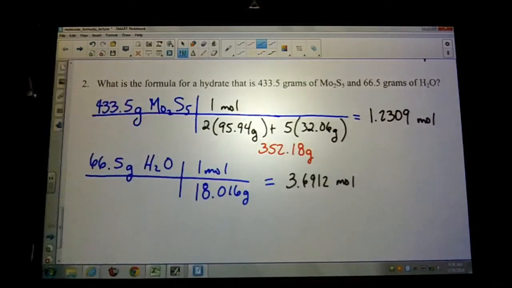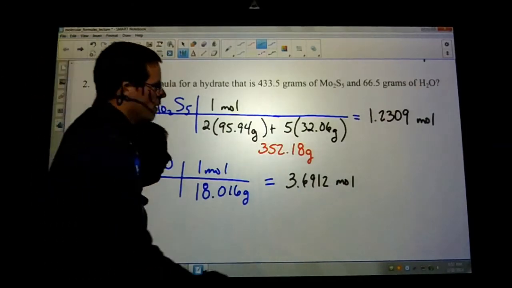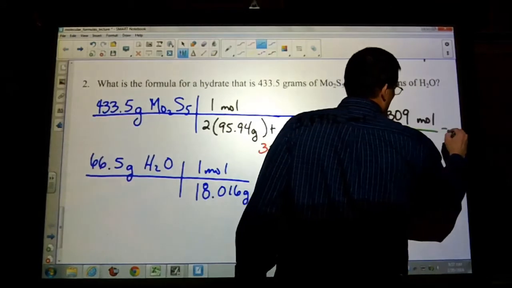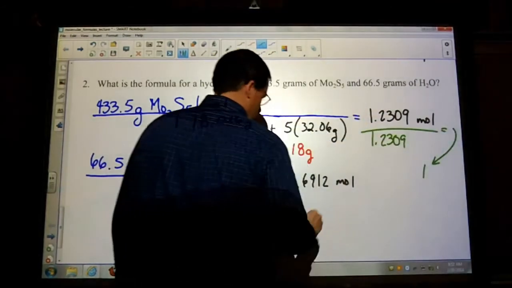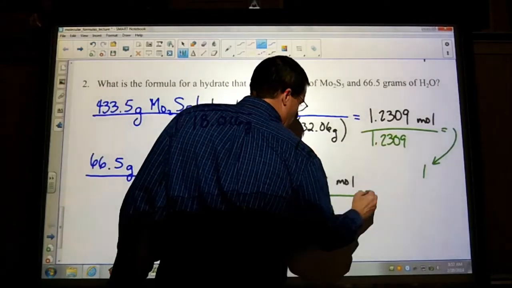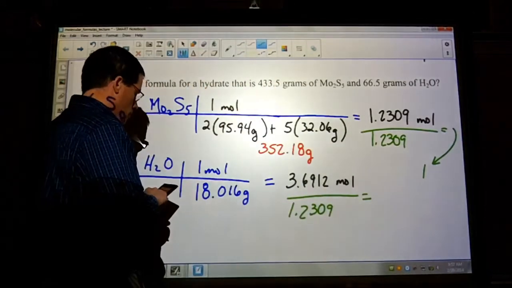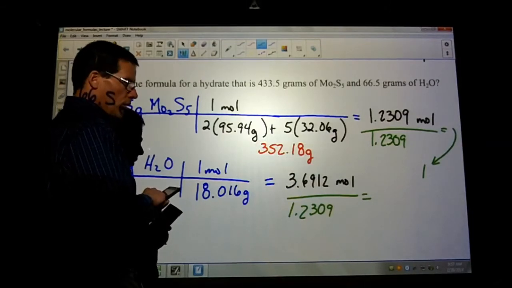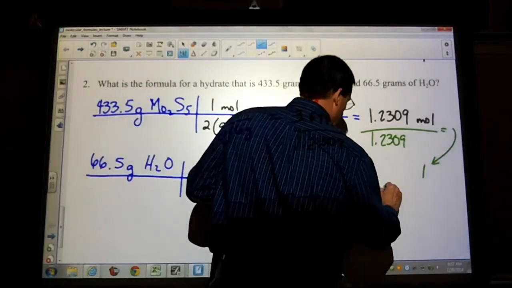So, which one's smaller? Yeah, the top one. Which is 1. And the other is like 2.9987, so 3.